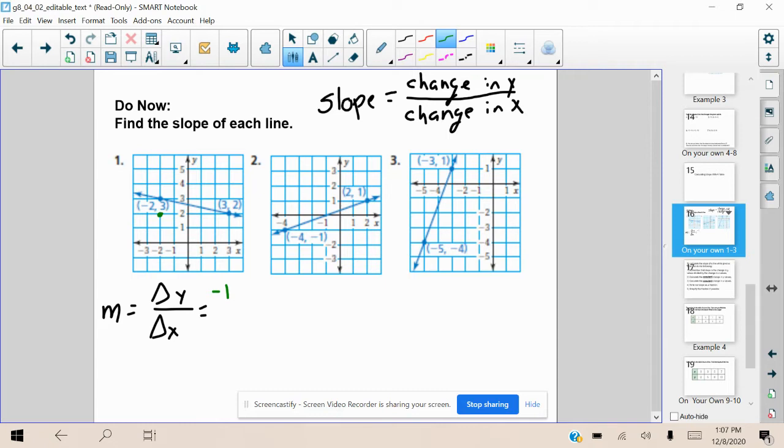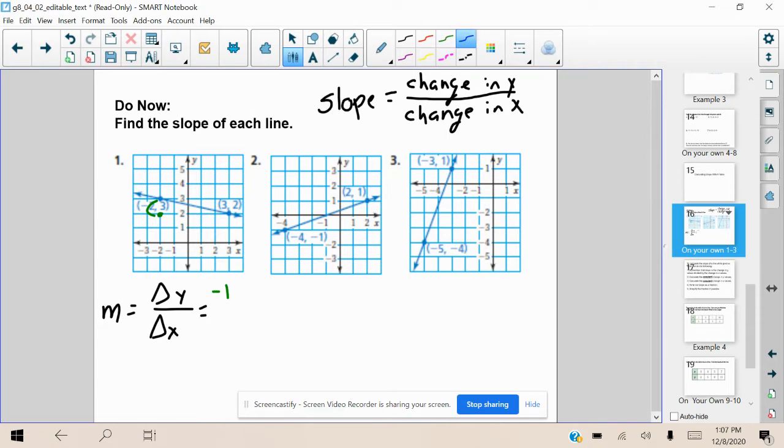I do not count where I start. It's like saying, if I want to get from here to across the room, how many steps do I need to take? Well, I don't count where I'm starting. I count that first step, that first jump. So right there is 1 unit. I'm going down, and going down on the y-axis is negative. So I have a -1.